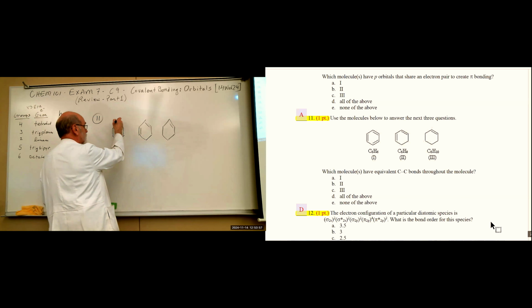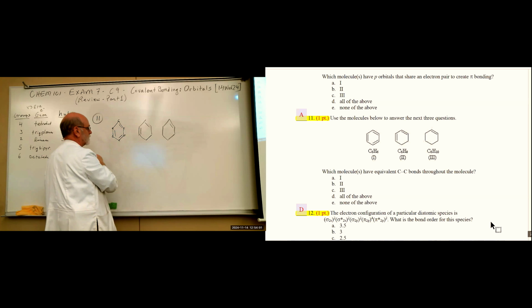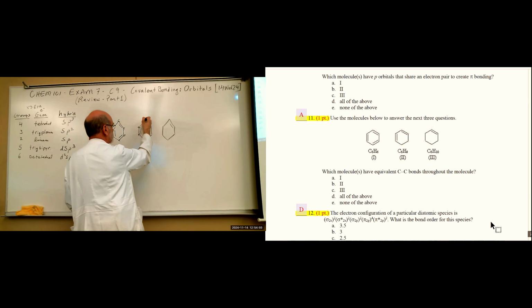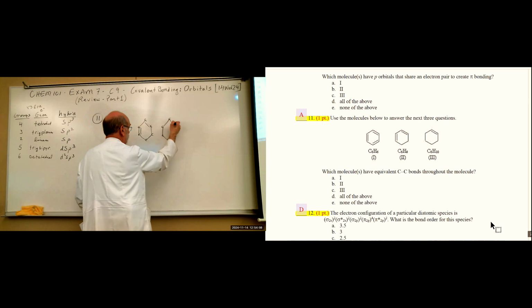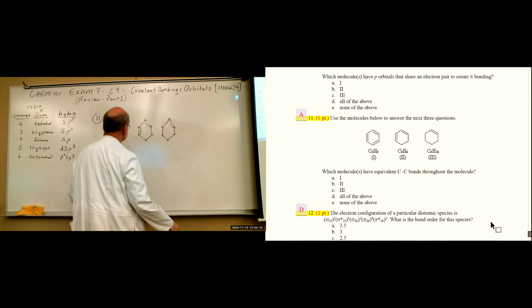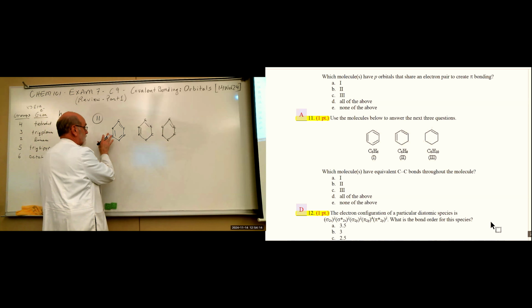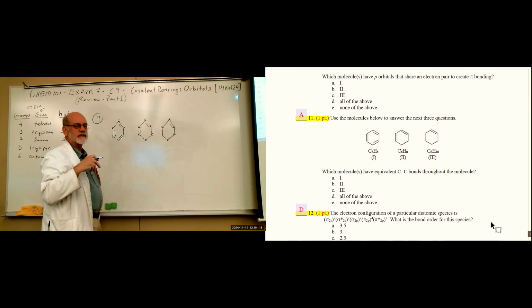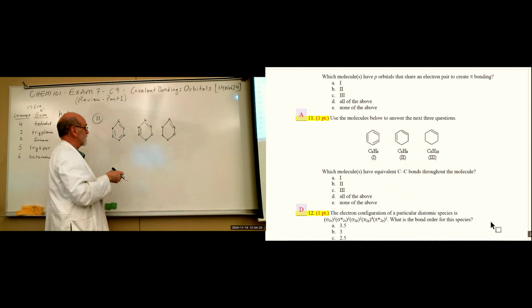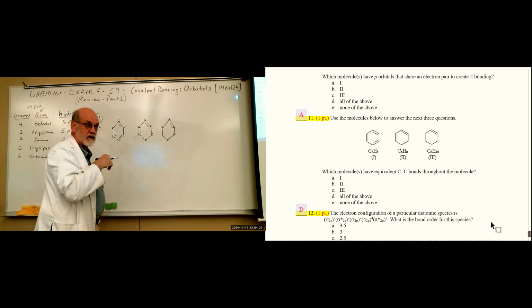In organic chemistry, these are carbons. Wherever these two lines meet is a carbon. So we have 6 carbons in each molecule. But those carbons don't have octets unless you also adhere to another organic chemistry convention, which is each carbon has 4 bonds.